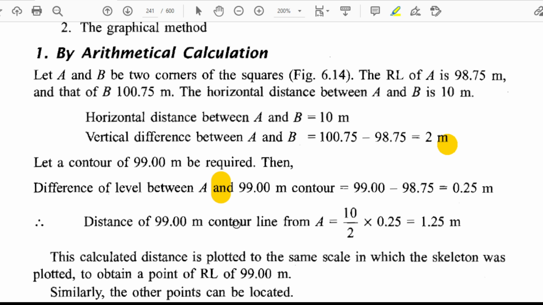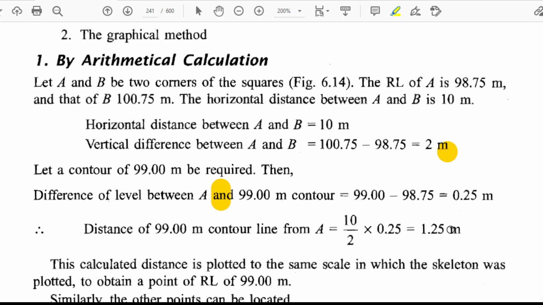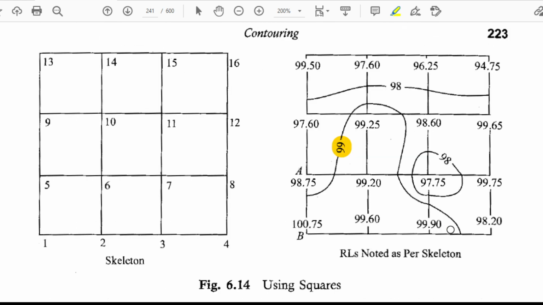By using the method of interpolation, we can find out the horizontal distance between the 99 meter contour and 98.75. It will be 1.25 meters. This is the calculated distance of the 99-meter contour from A. So this 1.25 meters can be drawn on the map using this method.